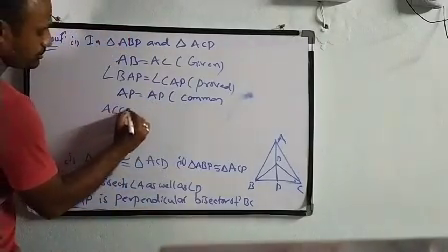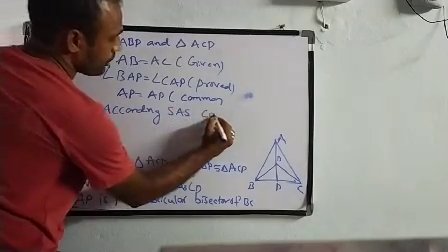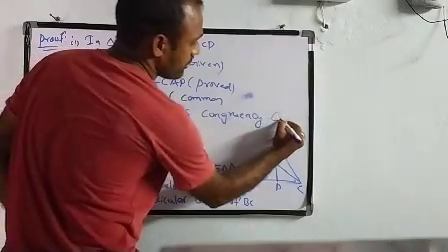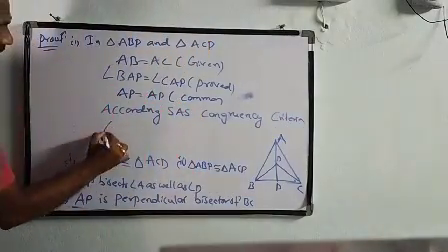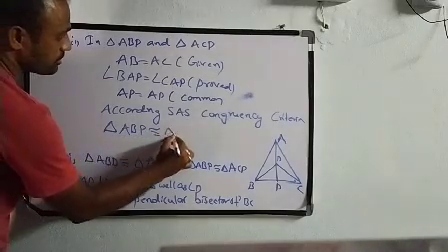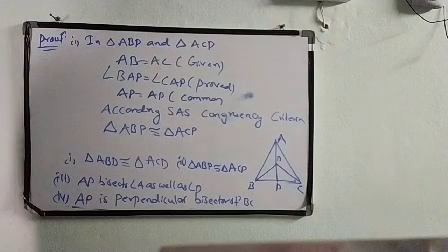So according to side angle side congruency criteria, we can say that triangle ABP is congruent to triangle ACP. So this is the second proof.